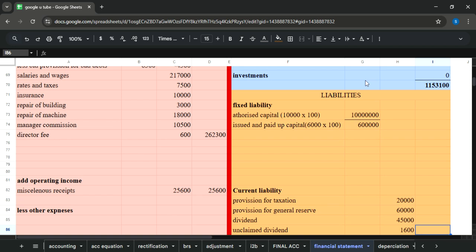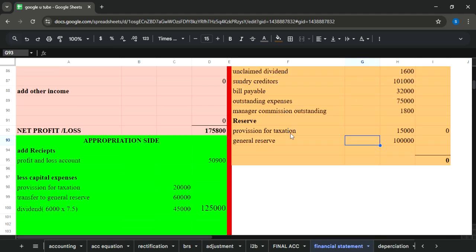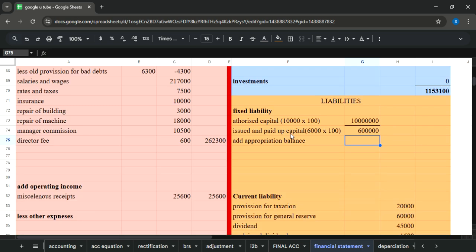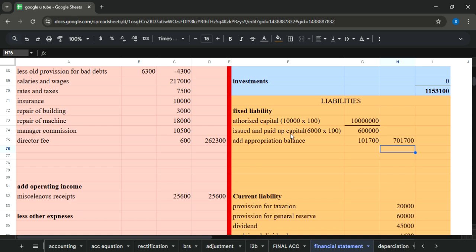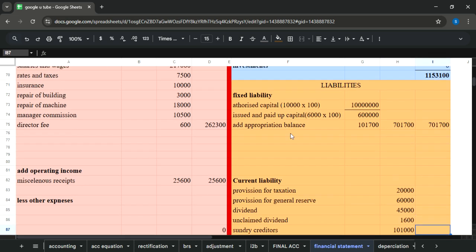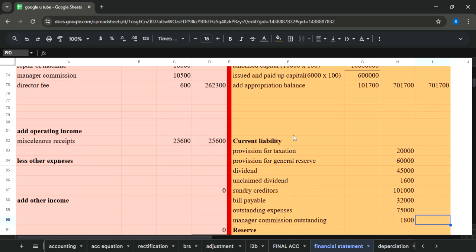Now let's focus upon our liability side, and here we will be adding appropriation balance. That's what was 101,700. Let's take sum. Okay, so no other fixed liability. This would be considered total of fixed liability. Then we have our current liabilities.